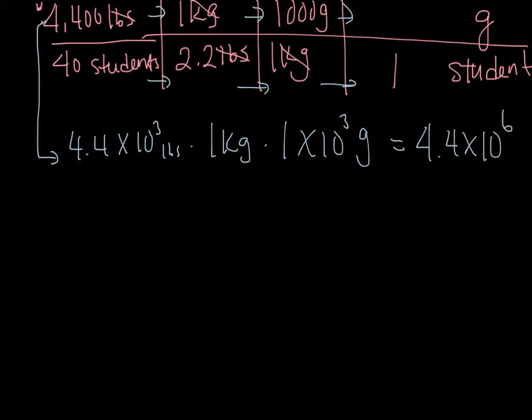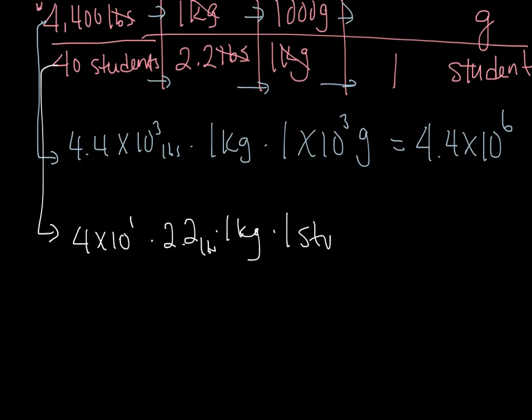On the bottom, I have 40, which can be 4 times 10 to the first power, times 2.2, times 1 kilogram, times 1 student. My answer then becomes 8.8 times 10 to the first power.